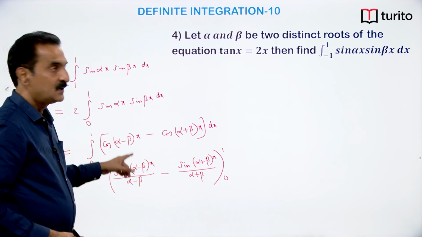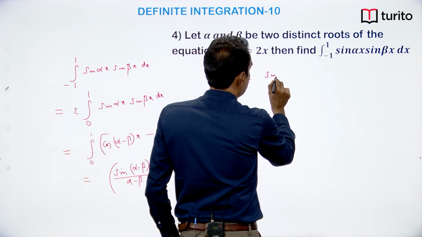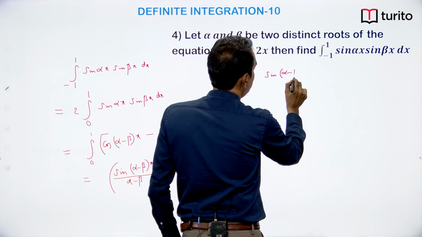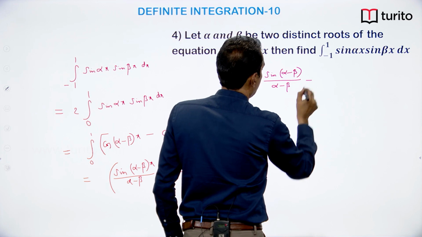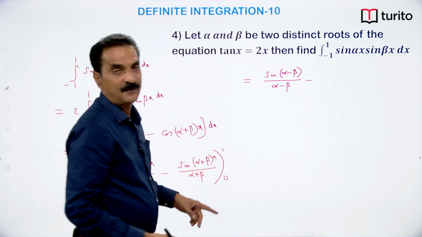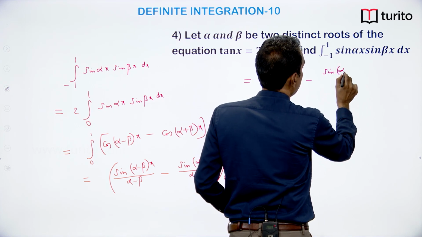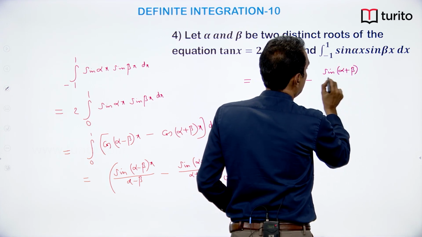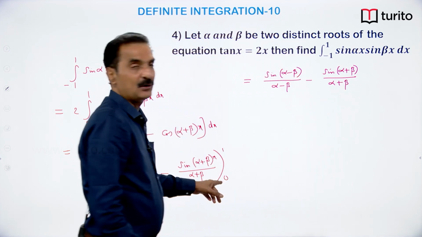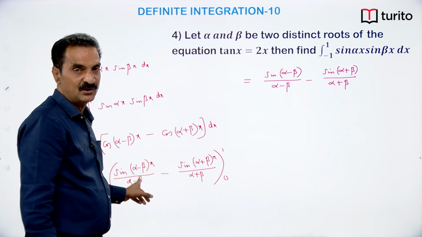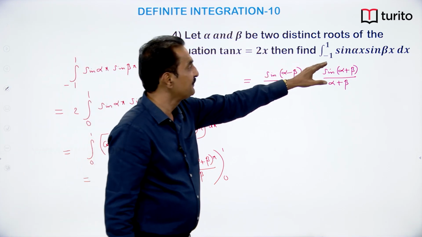Substituting 1, you will get sin alpha minus beta by alpha minus beta minus sin alpha plus beta by alpha plus beta, and substituting the lower limit 0, both are 0, sin 0 is 0. So, this is the value of this integral.